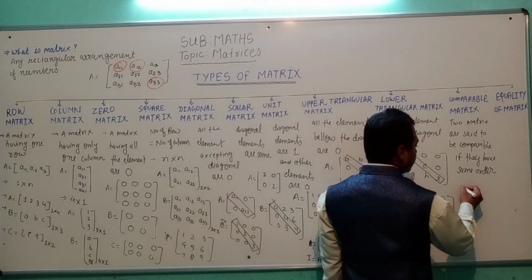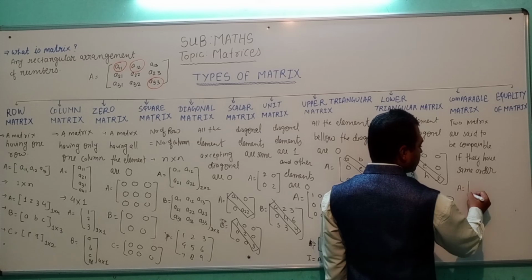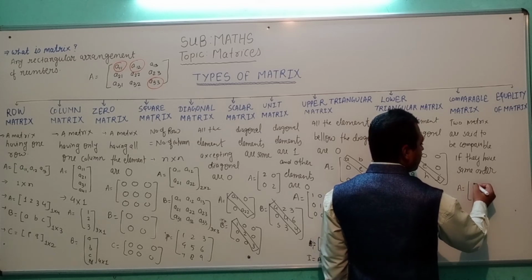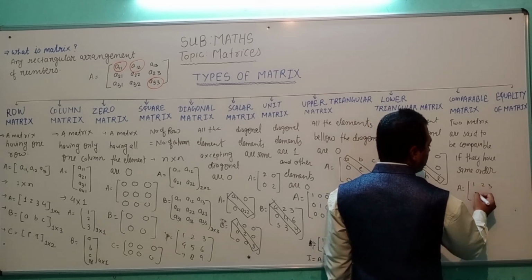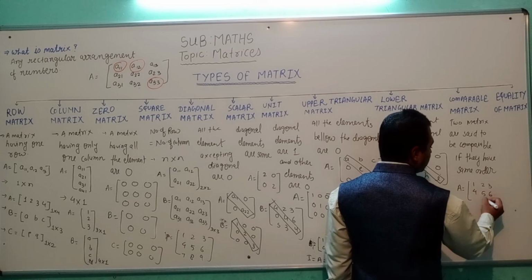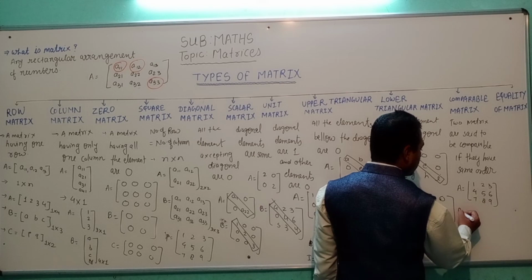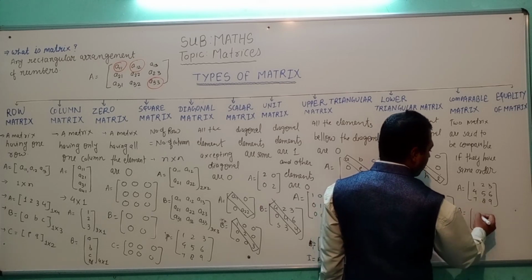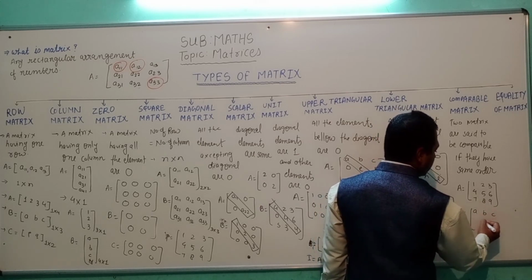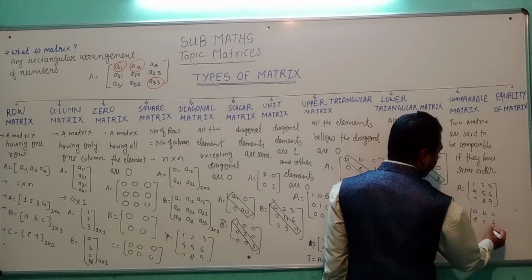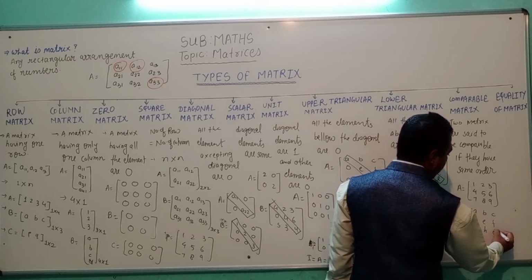Let us see with the example. Suppose A is a matrix with elements 1, 2, 3, 4, 5, 6, 7, 8, 9, and another matrix B with a, b, c, d, e, f, g, h, i.